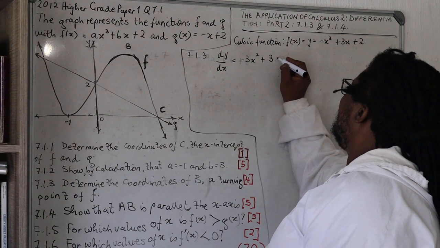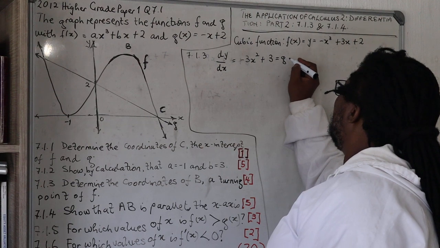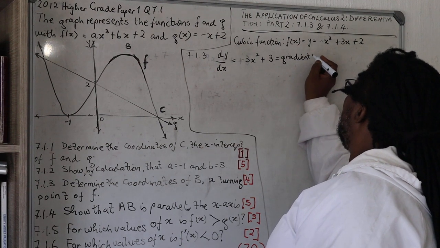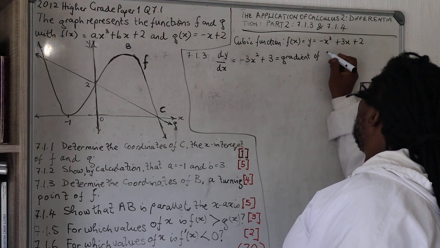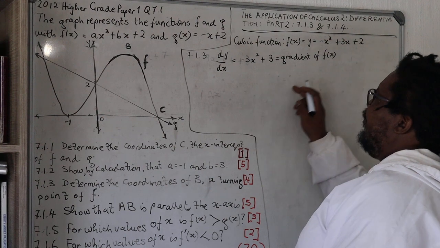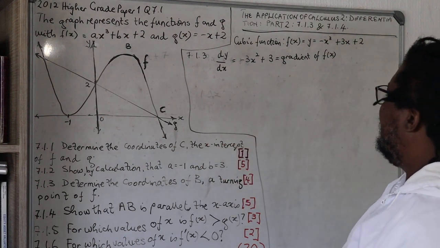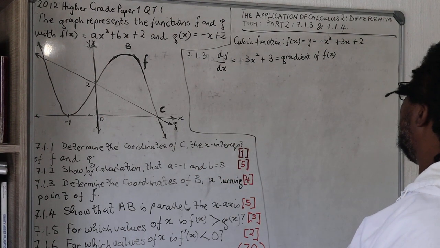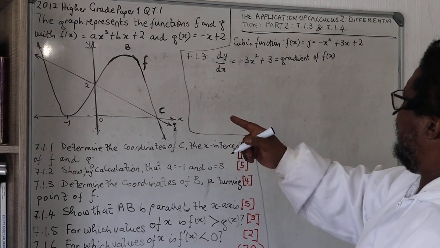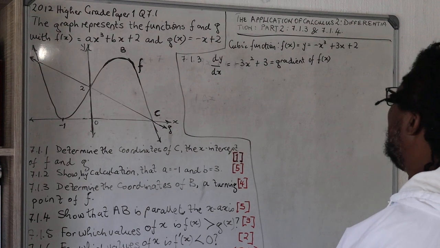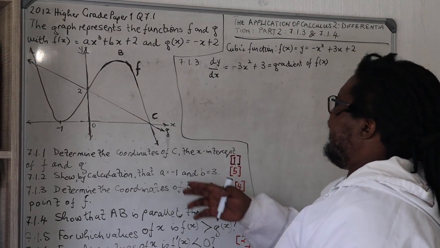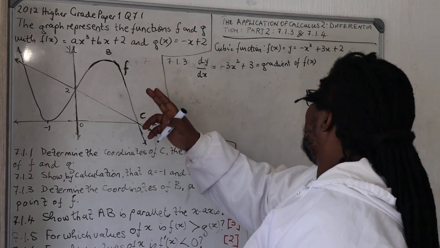So this is equal to the gradient of f(x) at any point on the function, because that will be determined by the value of x at that point. So at point B, we know that the gradient is 0 because it is a turning point.